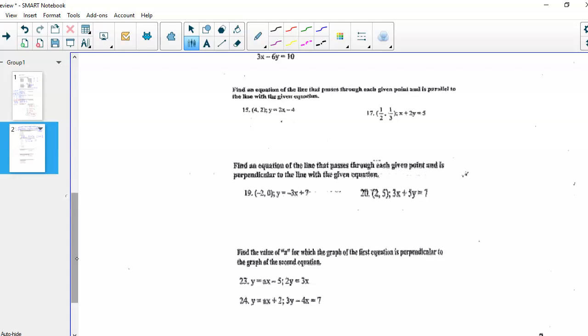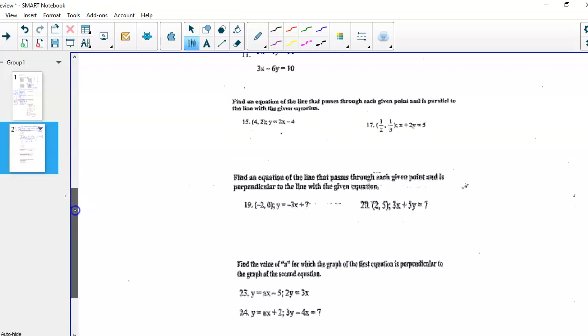These two are basically the same type of question, just one is parallel, one is perpendicular. So again, make sure you're paying attention to what it's asking. This one is asking for parallel. We need to find the equation that is parallel to the one given.